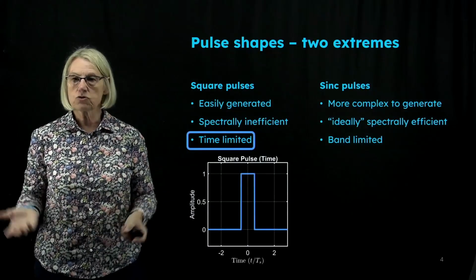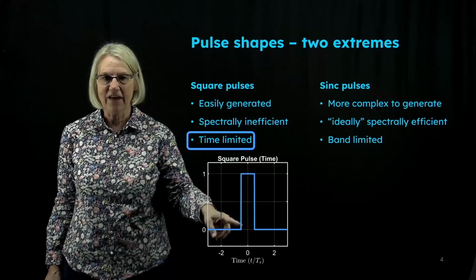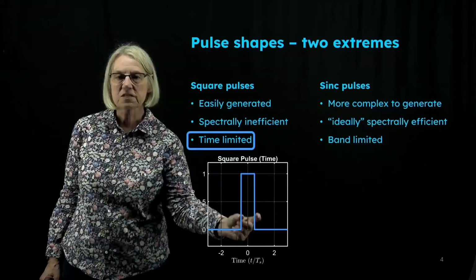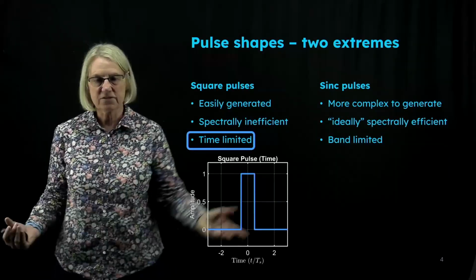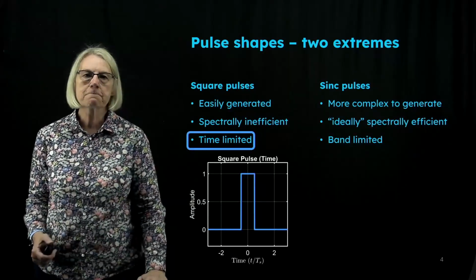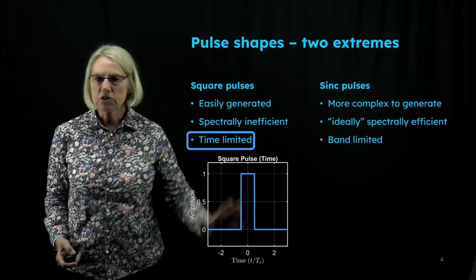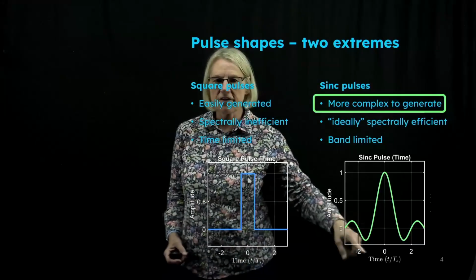So let's take a closer look. When I say it's time limited, let's look in the time domain. I have a square pulse, and the width of this pulse is Ts, my symbol period, or in this case the same as my bit period. So time limited, simple to generate. Now sinc pulses, here is the sinc function.